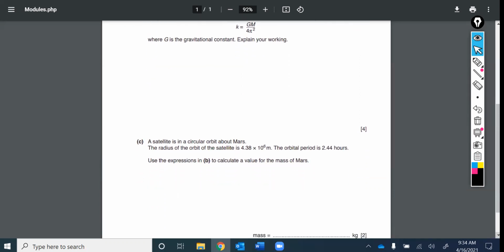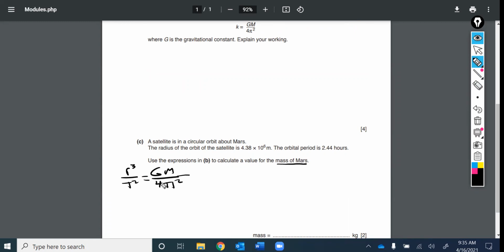I'll derive all that again. R cubed over T squared is GM over 4 pi squared, right? So that's why k is equal to this. But we want to know M, the mass of the thing being orbited, the mass of Mars. So let's make that the subject.